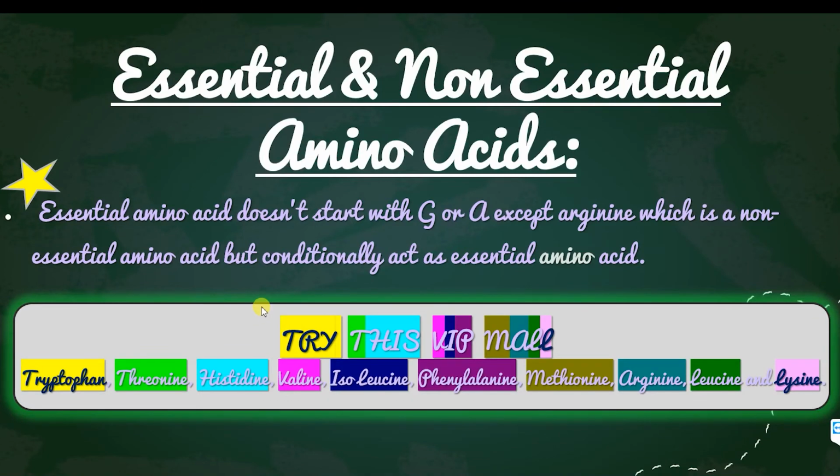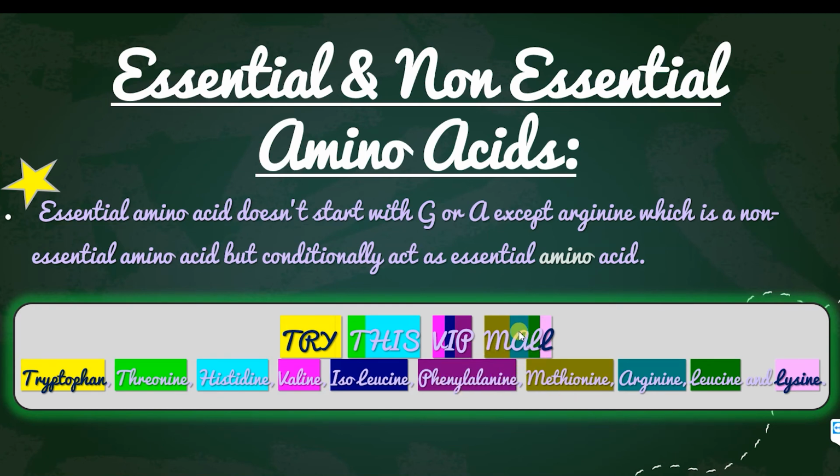You can learn the essential amino acids by this mnemonic. There are lots of mnemonics, but this is one that I have tried: TRY THIS VIP ML. Try: T for tryptophan. Then T is for threonine. HIS for histidine. V for valine. I for isoleucine. P for phenylalanine.